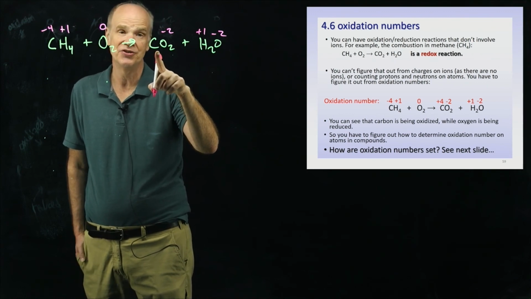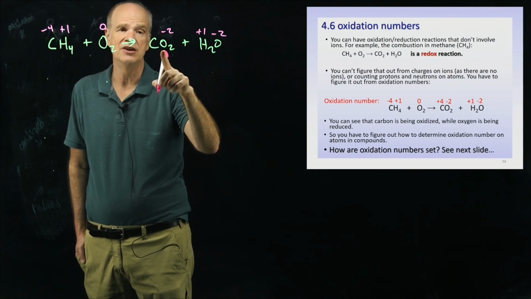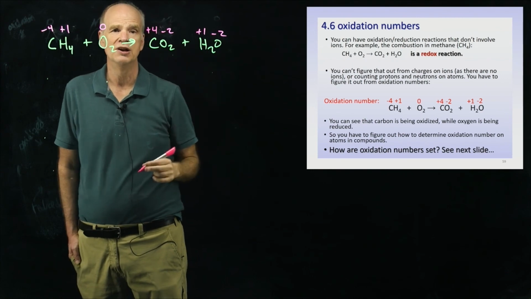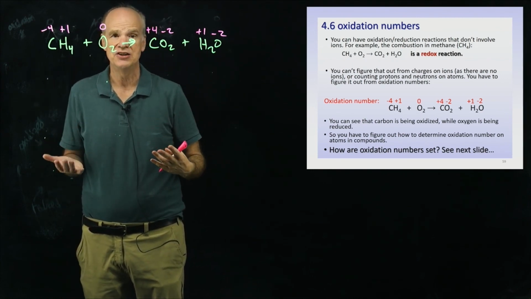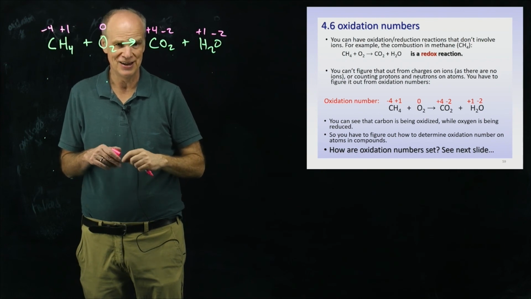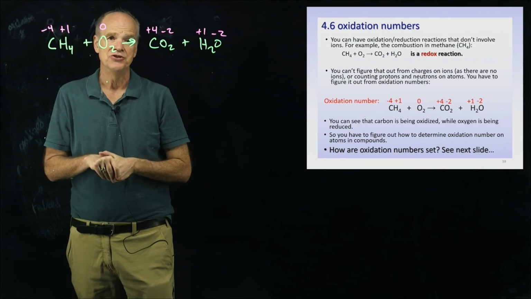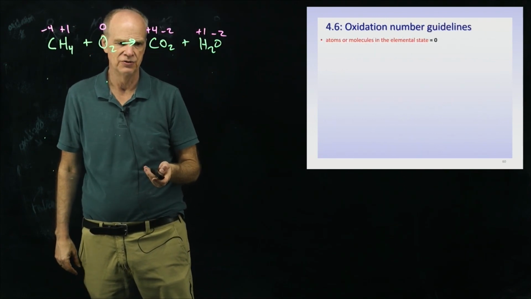And the answer is no. It has a different oxidation number. Carbon in this compound has an oxidation number of +4. So one of the things you can see is that for certain elements, the oxidation number can be different depending on the compound it's in. And so at this point, you sort of have to learn how to assign oxidation numbers. Let's go to the next slide, and we'll go over that right now.